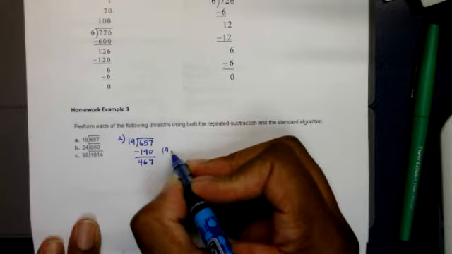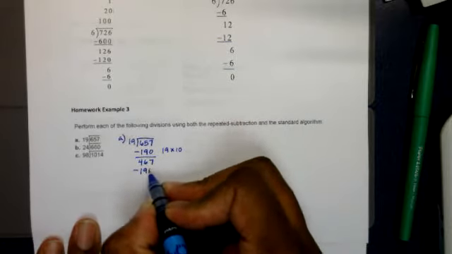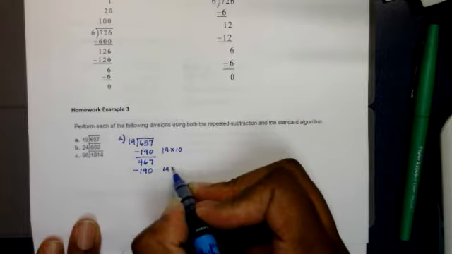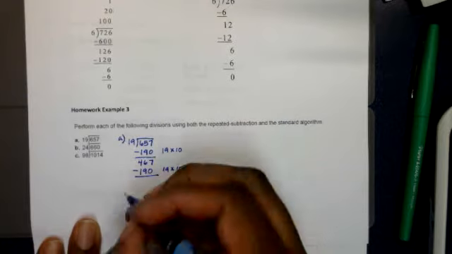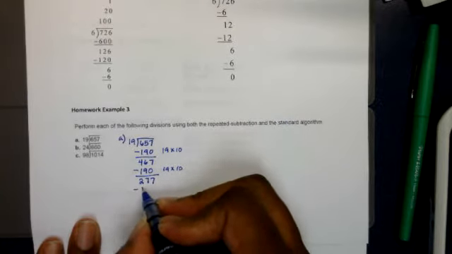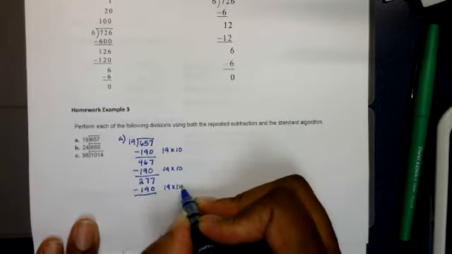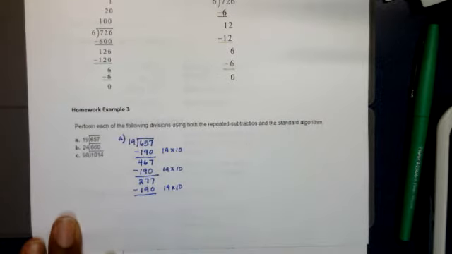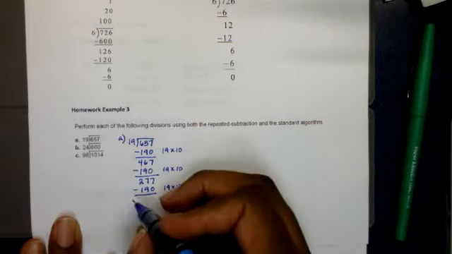So I have 19 times 10. And I'll subtract another 190, which is still 19 times 10. That would be 277. And I can also subtract another 190. That's another 19 times 10. This will be 87.